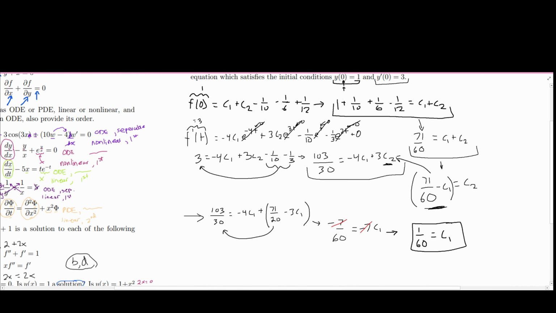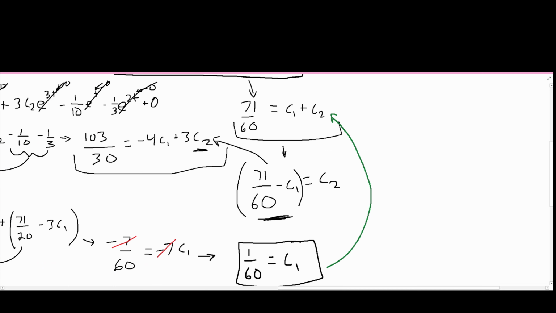So now we have to plug C1 back into this equation to get C2. Doing that over here, we get 71 over 60 is equal to 1 over 60 plus C2. Moving this over here and giving it a negative sign, since we are moving it across the equal sign, we get 70 over 60, or 7 over 6 is equal to C2.